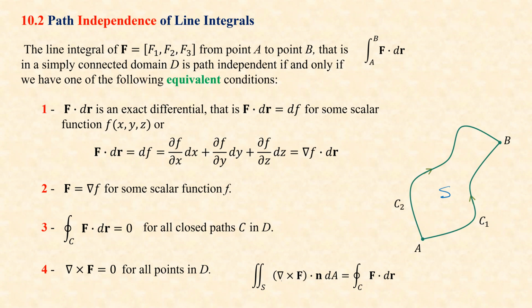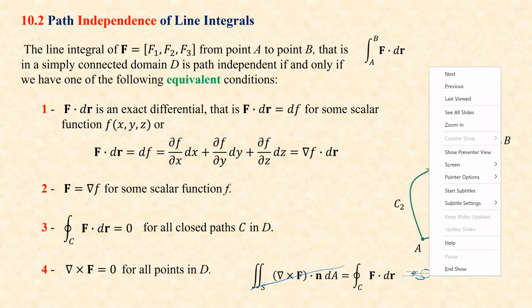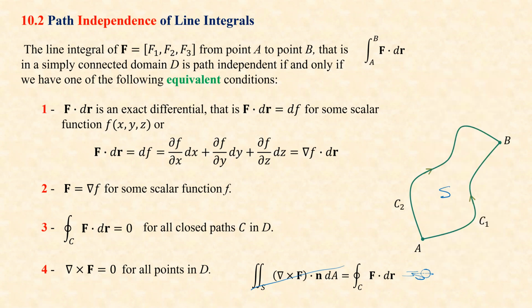And now you see that if curl of f is 0 everywhere, this side is 0, then this side should be 0, right? And therefore that gives you this one, and that gives you the path independence.